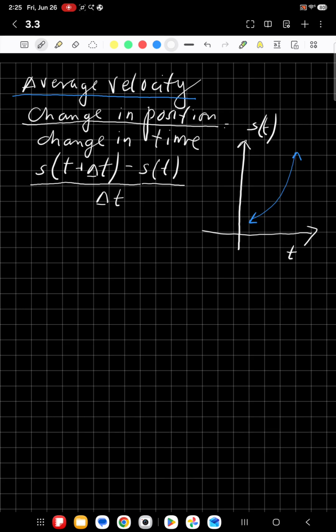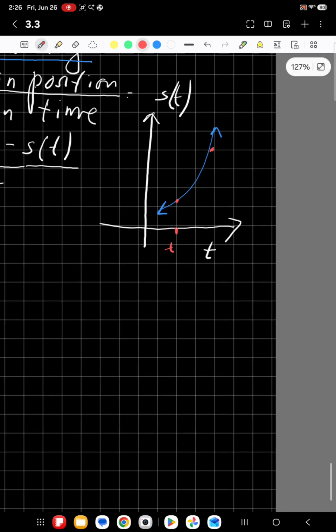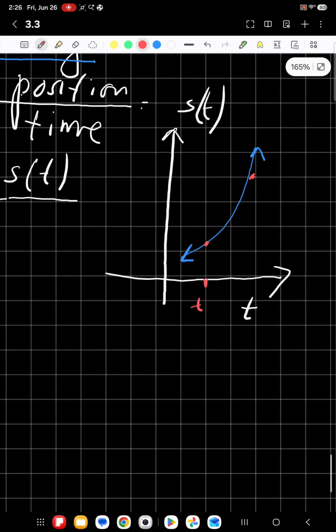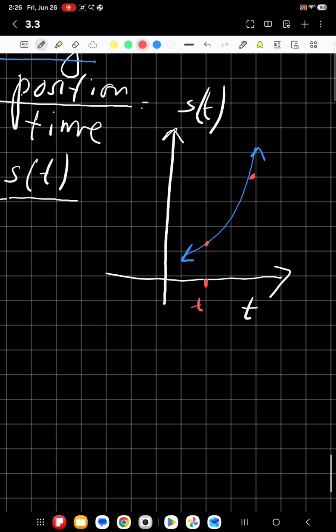So let me draw this. This will be our t, and the distance is my delta t.